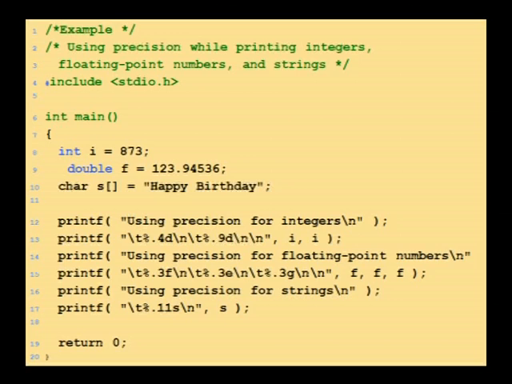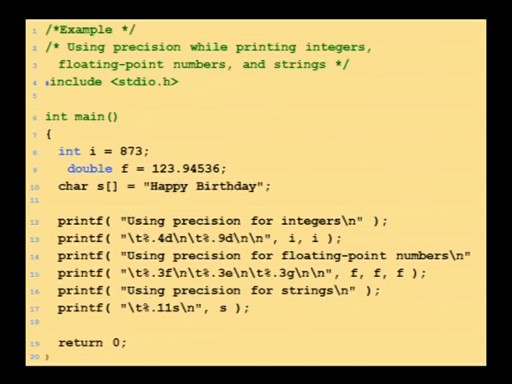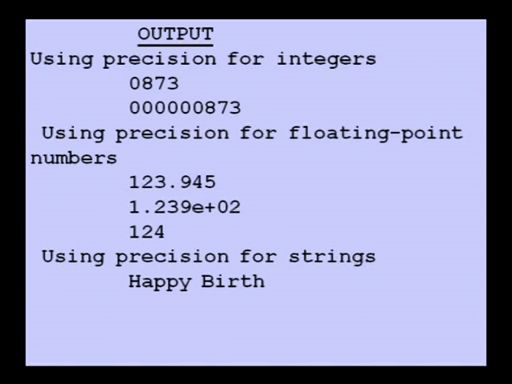Out of 14 characters you want to display only 11. So \t is a tab, 8 spaces, then %.11s, and so only "happy birth", only 11 characters, will be displayed. You can specify any number of characters, but here you want to display 11.